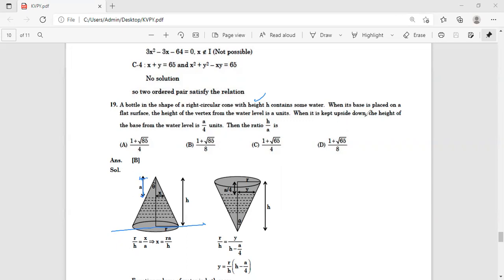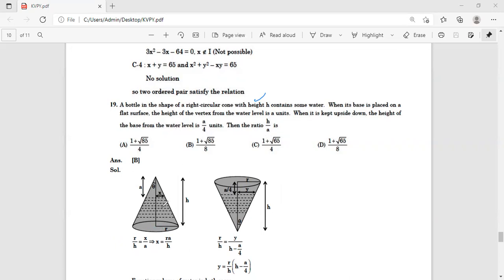And when it is upside down, the height from the water level is a by 4. So this is the diagram. We need to find the ratio h by a.